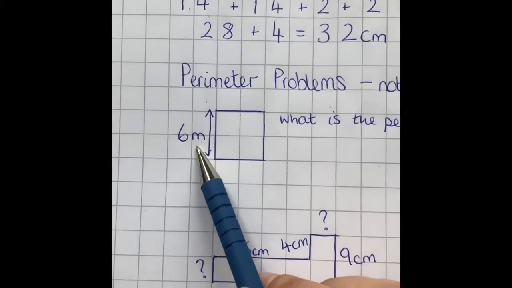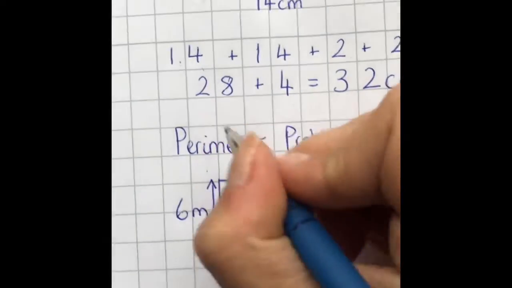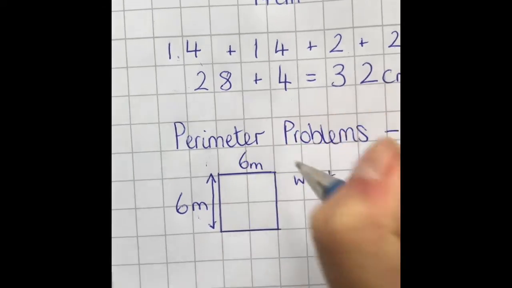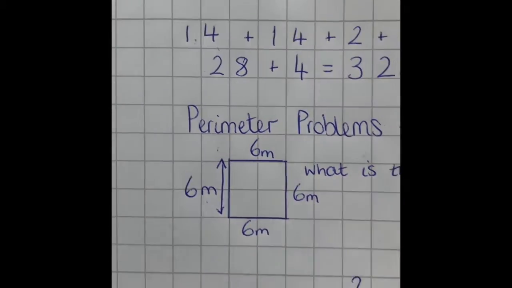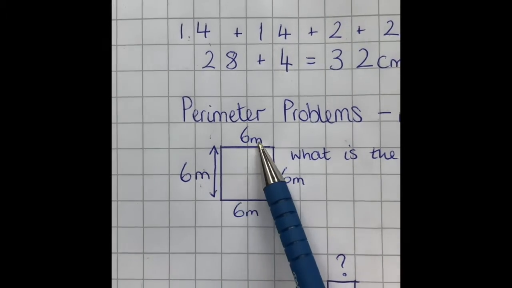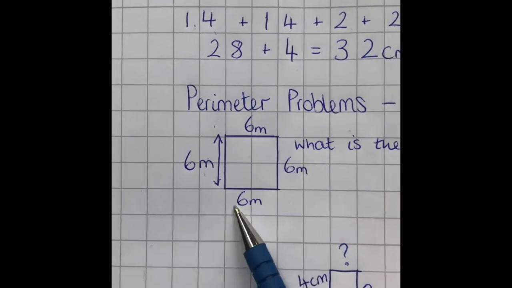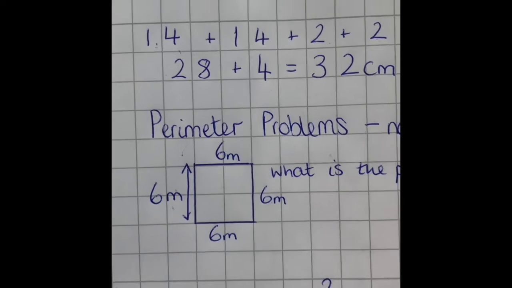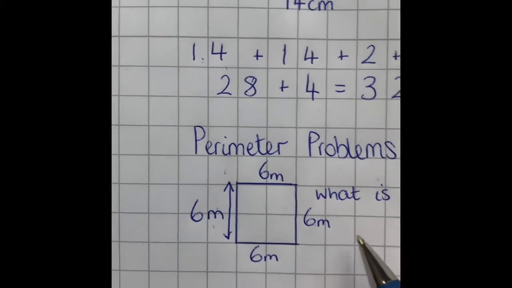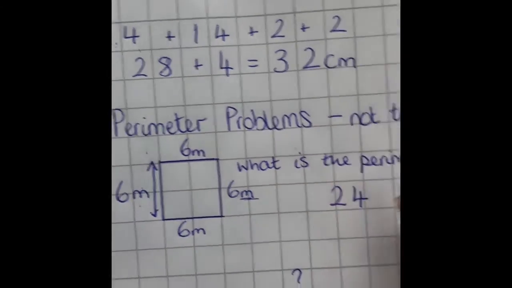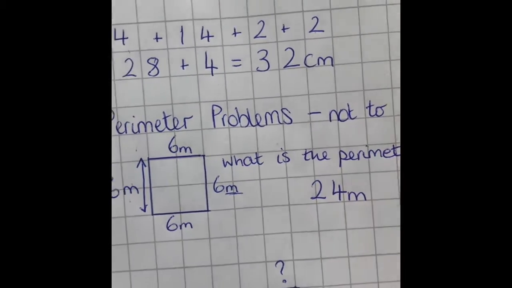So if you know one side on a square is 6 meters, you know that all the other sides are also going to be 6 meters. So you do 6 add 6, add 6, add 6, or 6 times 4, which is going to be 24. Remember your unit so you don't lose a mark, 24 meters.